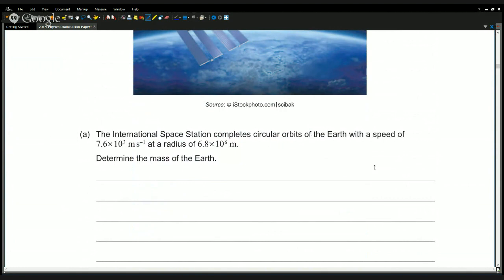That's why I had to get this new program, because I need a PDF reading program that I can also write with some sort of pen or highlighter. Okay, the International Space Station completes circular orbits of Earth with a speed of that and a radius of that. Determine the mass of the Earth.